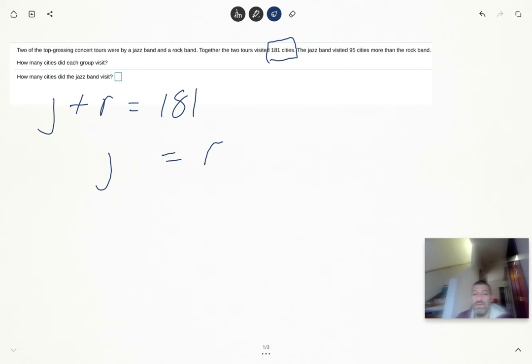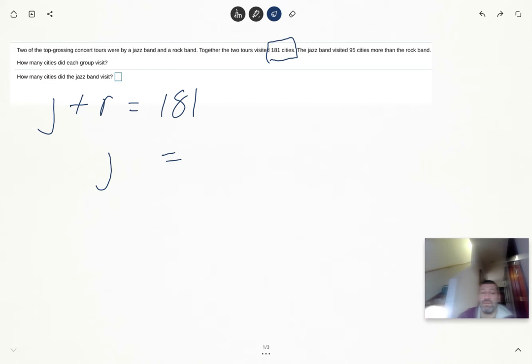We know that the jazz band visited 95 cities more than the rock band. So there are two things we could do. We want those two quantities to be equal. So remember, the jazz band visited more than the rock band. So if we want them to be equal, we could subtract 95 from the jazz band. So if the jazz band had 95 more, we subtract the 95, then those two quantities would be equal.